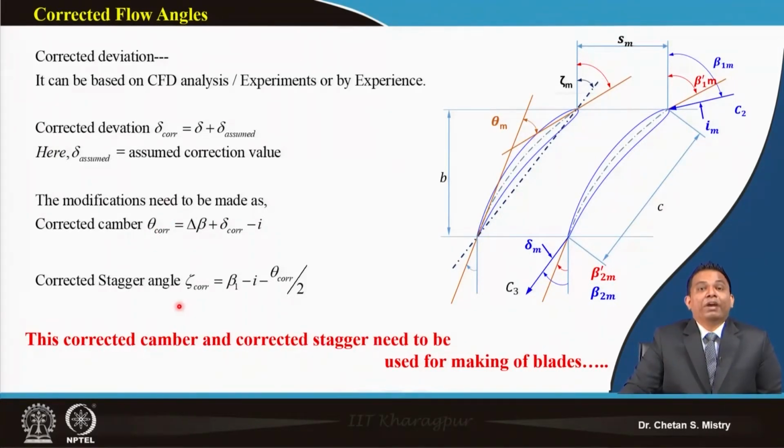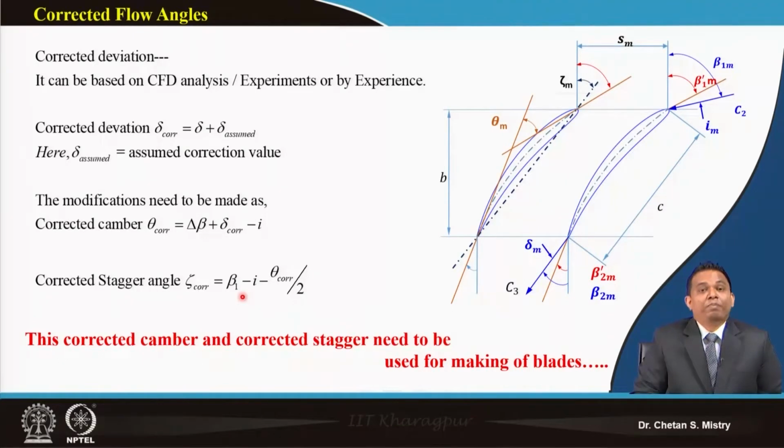So my corrected stagger angle is beta minus incidence plus theta corrected by 2. Now this corrected camber and corrected stagger are the angles we need to use for making our blade. Be careful about this part.